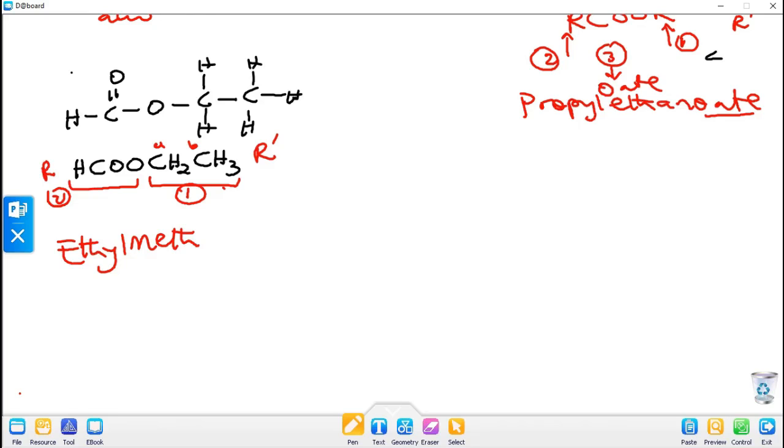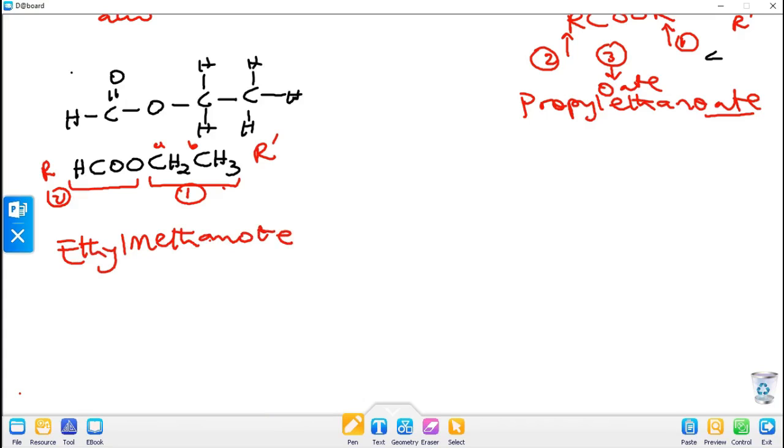Since we've named this part as ethyl, and the part before the COO is one carbon atom, which is meth, and the part after COO is two carbon atoms, which is ethyl, now we have to end it with OATE. So this is how to name our compound.